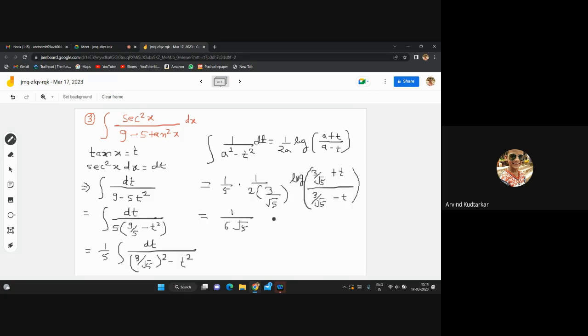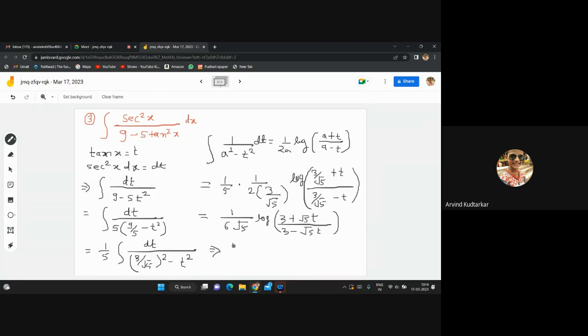So 1 by root of 5 into log of, take the LCM. So what is that LCM? 3 plus root of 5 into t upon 3 minus root of 5 into t. In this case, the denominator will cancel from the upper side as well as the lower side. So root of 5 will cancel after taking the LCM. And what we substituted initially was tan of x is t.